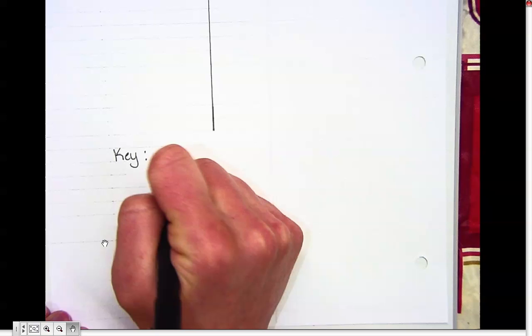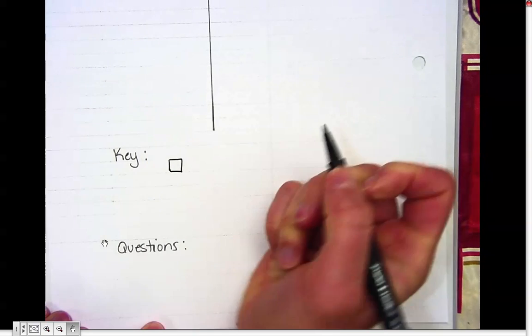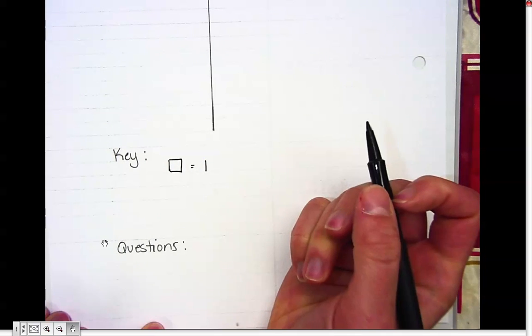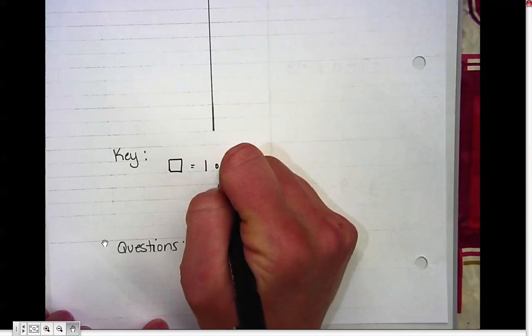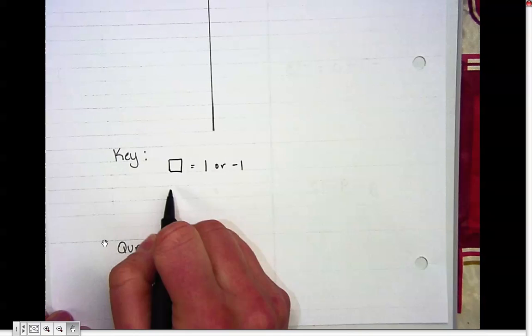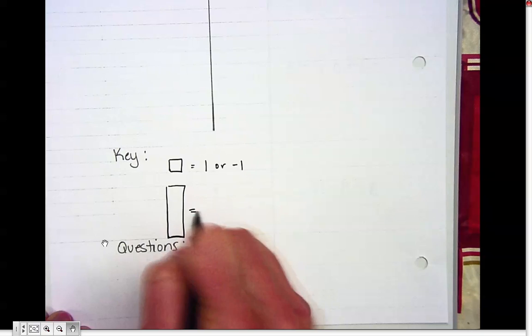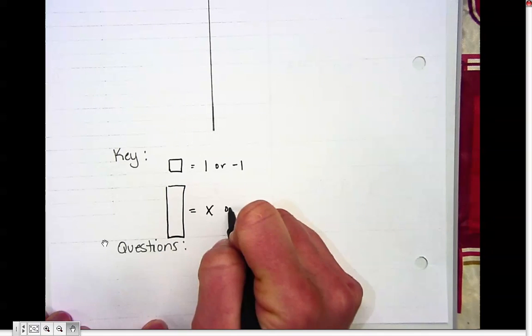So the little pieces, those are equal to 1. If it is a yellow piece, that's going to be a positive 1. A red piece is going to be negative 1. The long rod pieces are going to be x or negative x, so either a positive x value or a negative x value.